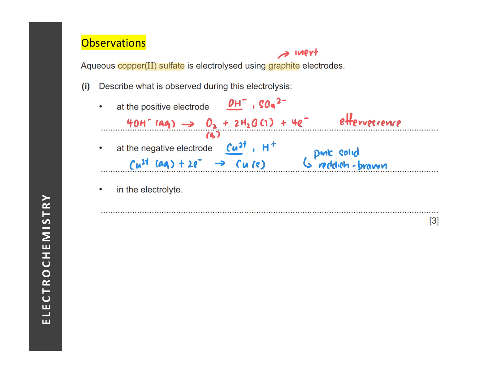So what happens to the electrolyte? If you take a look at the electrolyte, at the start, you have aqueous copper 2 sulfate. At this stage in your revision, I hope you can remember that copper 2 sulfate is a blue solution, and it's a blue solution because of your aqueous copper 2 ions.